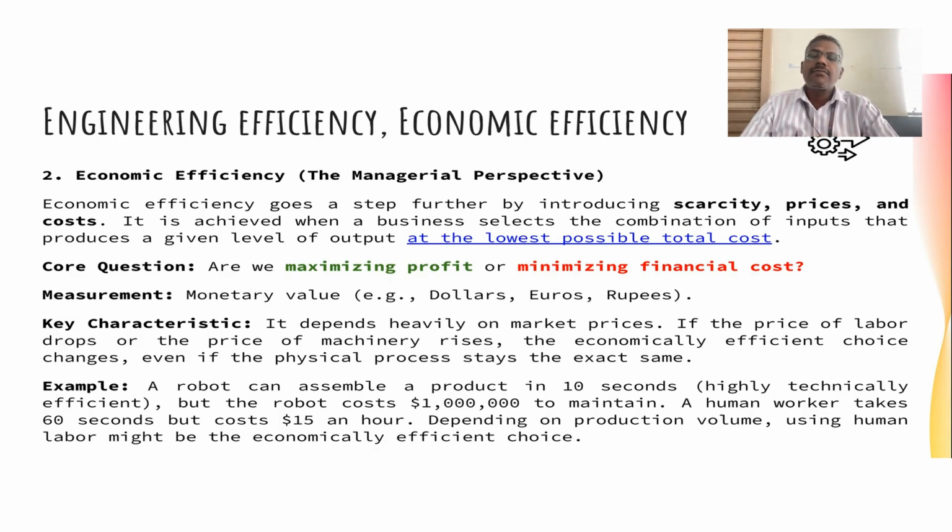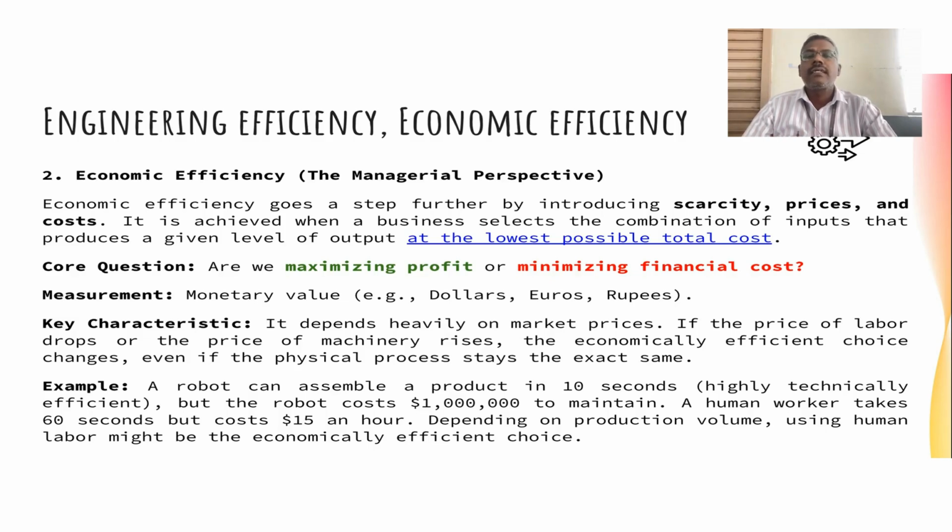For this kind of work, instead of investing a huge amount of money in a robot, we can hire one laborer to do the work, right? So here money plays a major role. It depends heavily on market prices, right? If the price of labor drops or the price of machinery rises, the economically efficient choice changes, even if the physical process stays the same, right?